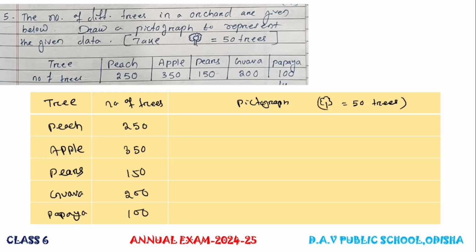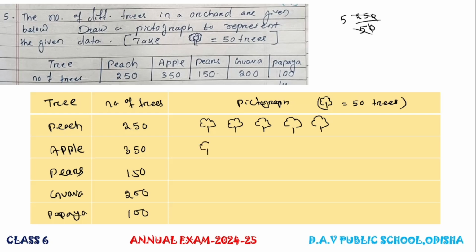Clear? So tell me, in the first box, in peach, how many trees will be drawn? Total is 250 divided by 1 tree equals 50. Divide, 0 and 0 cancel, 5 and 5, that means 5 trees will be drawn. 1, 2, 3, 4, 5. Now next, 350 means 7.